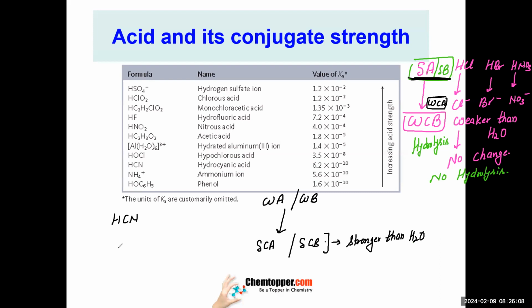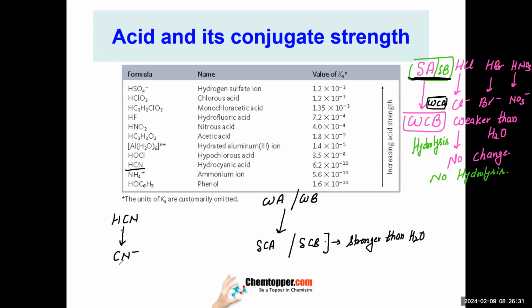it's a weak acid. You see here, all carbon containing acids are weak. Now, what is the conjugate base of this acid? Yes, children, what's the conjugate? Very good, Aditi. CN minus.